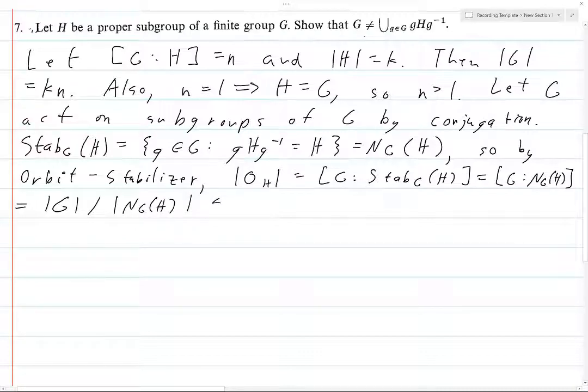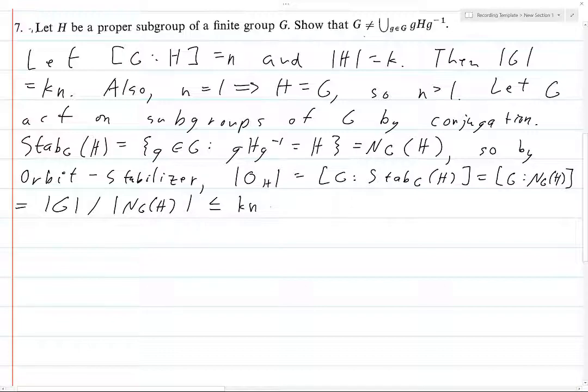Now, we want to get a bound on this. I like this, this is analysis. We're doing inequalities. So G is equal to kn, and we don't know how big N_G(H) is, but we do know that it contains all of H, because for all little h in big H, h H h inverse is equal to H. And so certainly the normalizer of H contains H, so this denominator is going to be bigger than or equal to k.